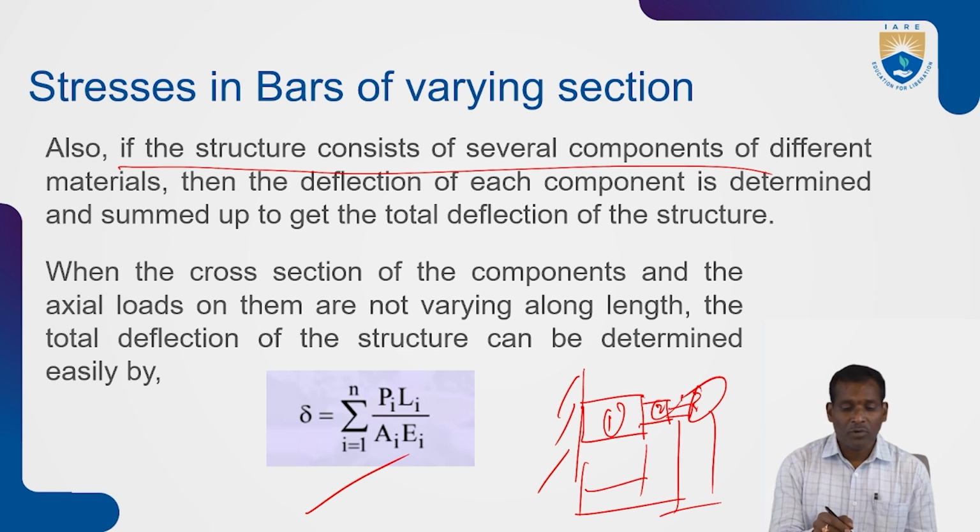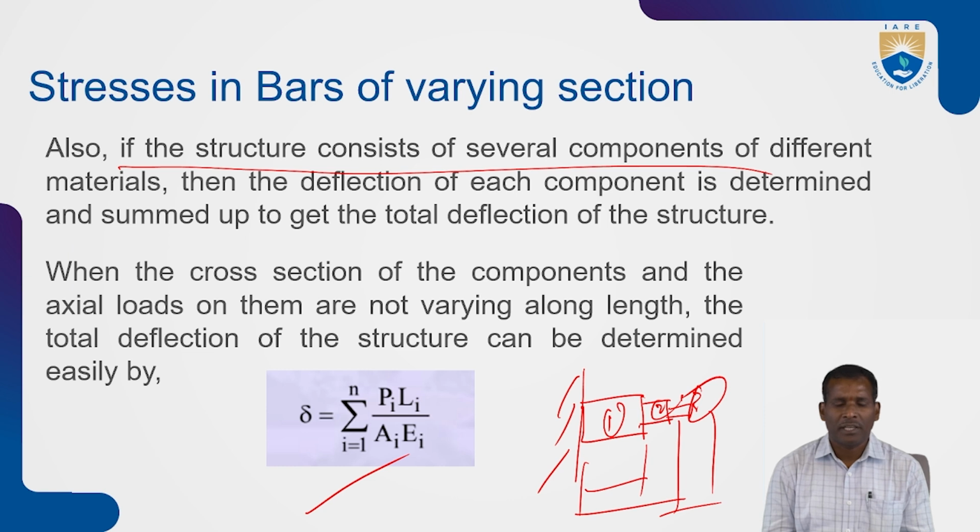So i from 1 to n, the number of components, several components up to n, and PL by AE.